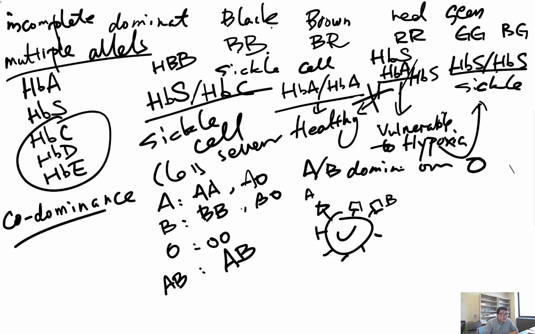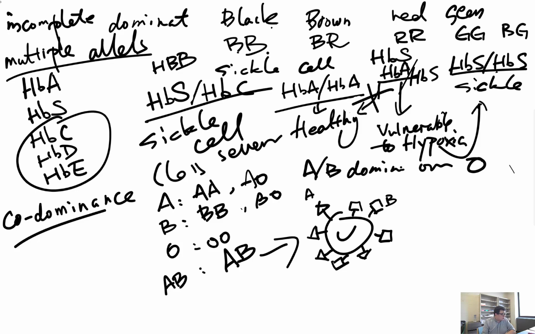If a person has both A and B alleles, then they will display both A type and B type on the surface, and this is AB blood type. Both A and B phenotypes are displayed on the surface of cells, and we call this co-dominance. No one can hide another one.